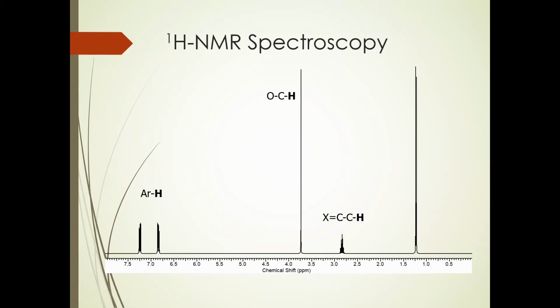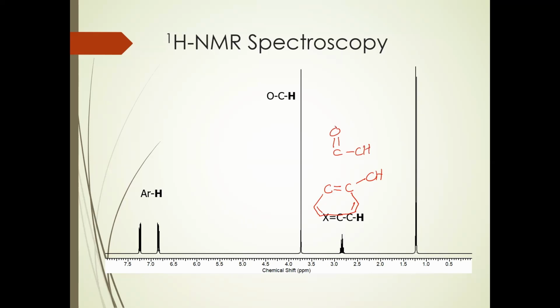Next area over is the CH next to a double bond, not on the double bond. So this could be a CH that's next to an alkene, or it could be part of an aromatic ring. That's benzylic, which would also show up in this region, as would a CH that's next to a carbonyl.